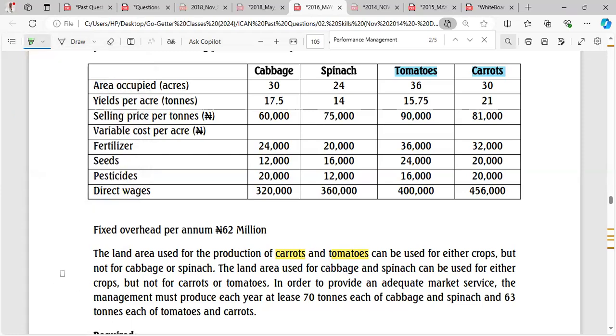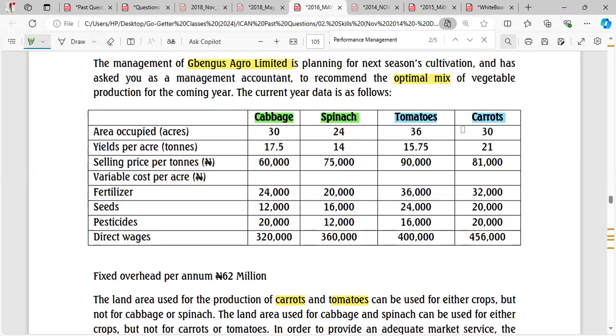They said, but not for spinach and cabbage. The land area used for cabbage and spinach can be used for either crop, but not for tomatoes and carrots. So you can decide which one will do better.